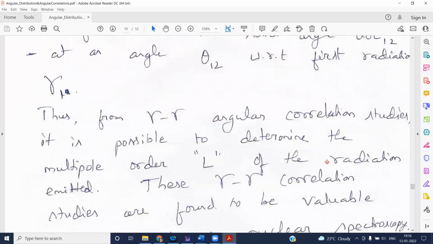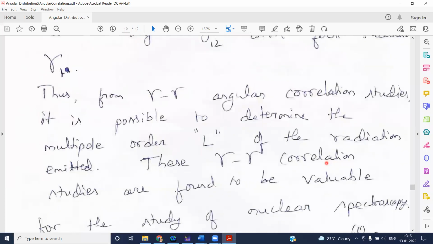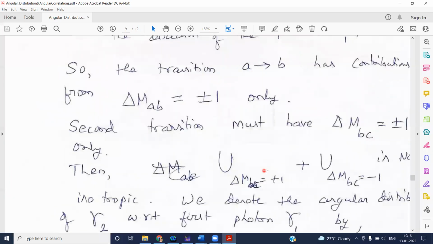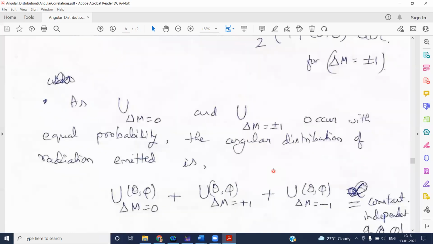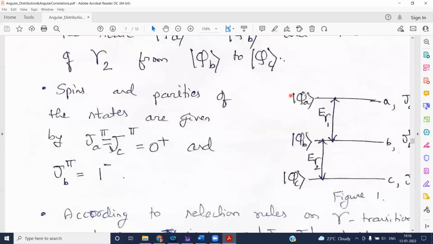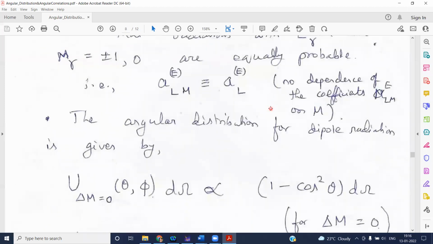So that's what is shown in this particular example. This particular example means the cascade gamma decay where the sequence of spins is 0, 1, 0. This is the simplest case. I showed you this picture: JA is 0, JB is 1, JC is 0. In such a case, I get this particular result.